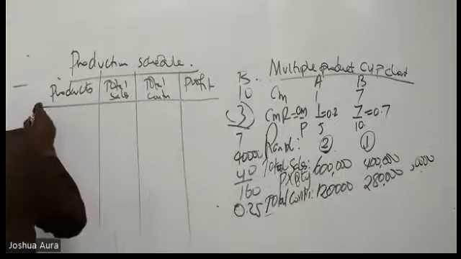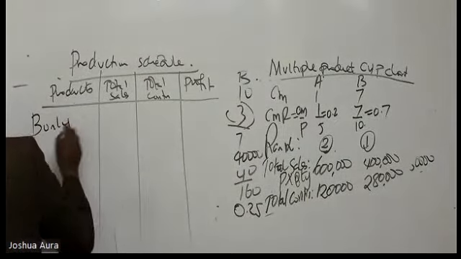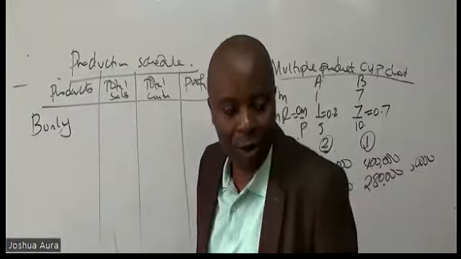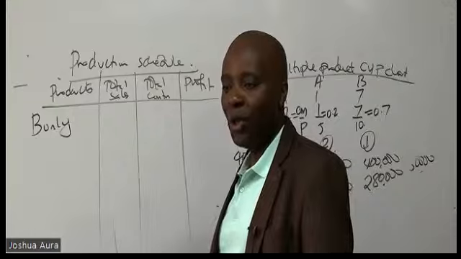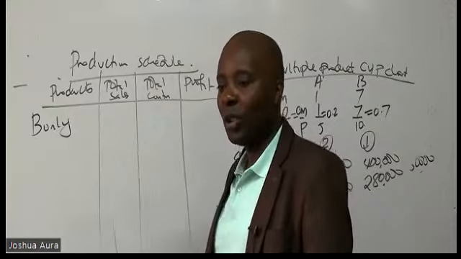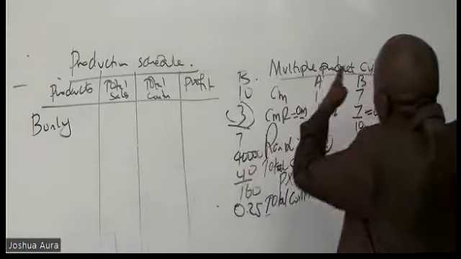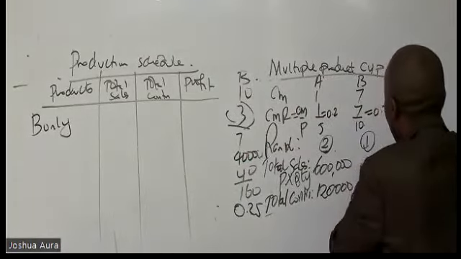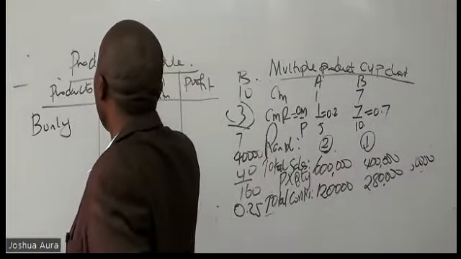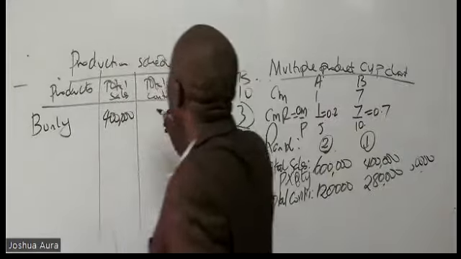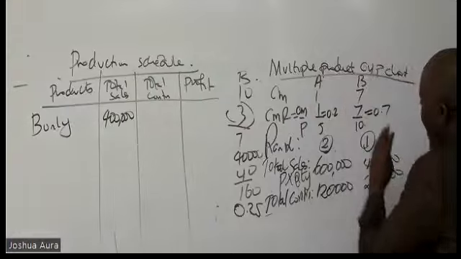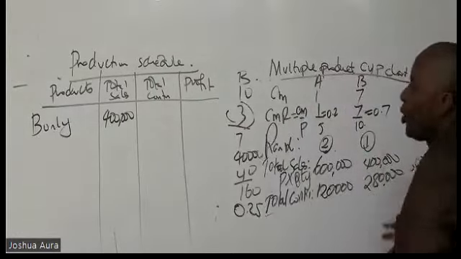If we produce B only, what will be the total sales? If I'm producing B only, the total sales is given here, 400,000. If I'm producing B only, the total contribution will be given by this, 280,000.